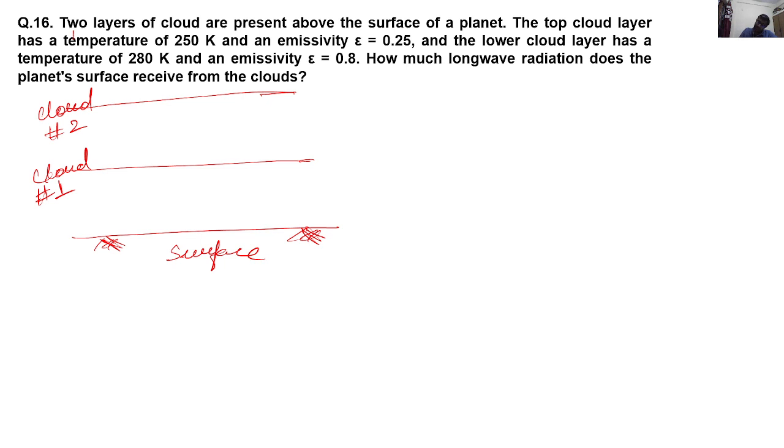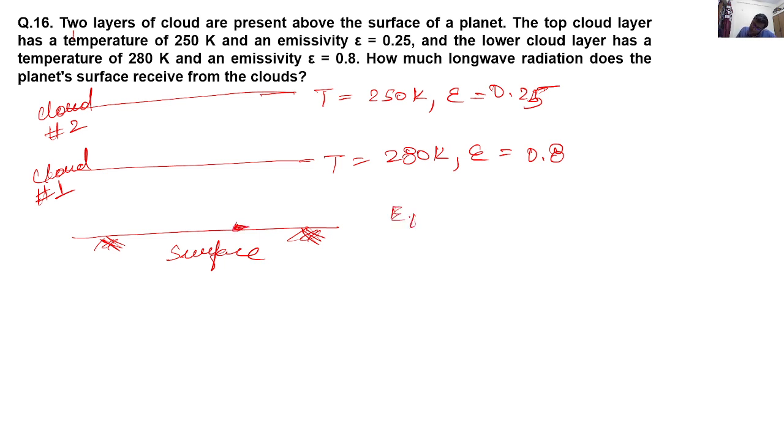Let us say cloud number two has T equal to 250 Kelvin and emissivity 0.25. This one has T equal to 280 Kelvin and emissivity 0.8. So we have to find out the emission here.